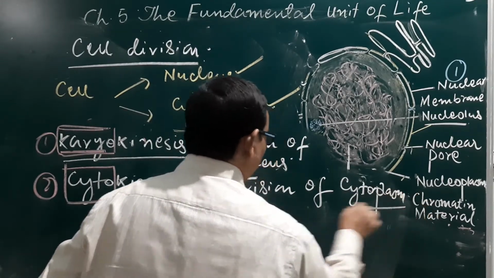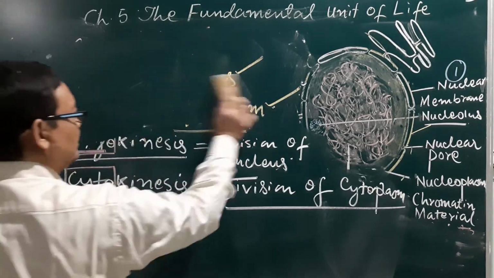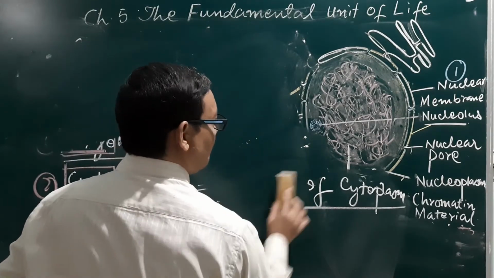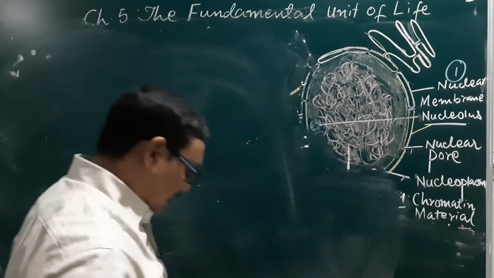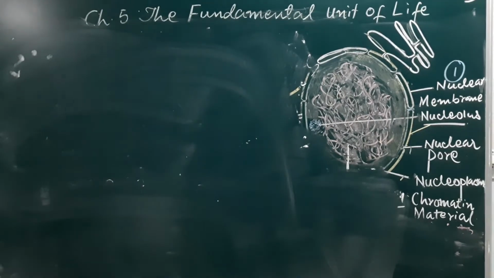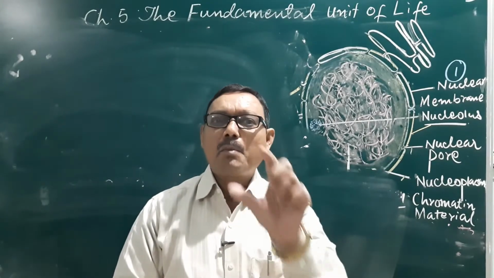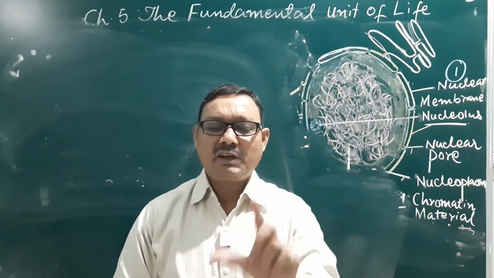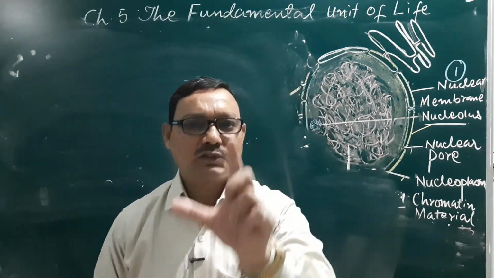Understand? Division of cytoplasm. Now it's okay. Now look at the different types of cell division. There are three important types of cell division. The first one is amitosis. The second one is mitosis, and the third one is meiosis.